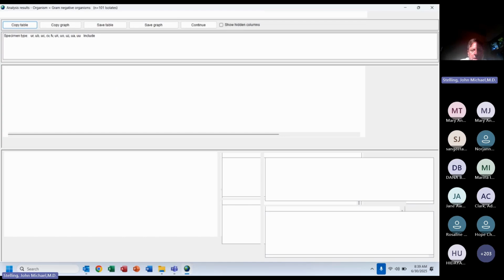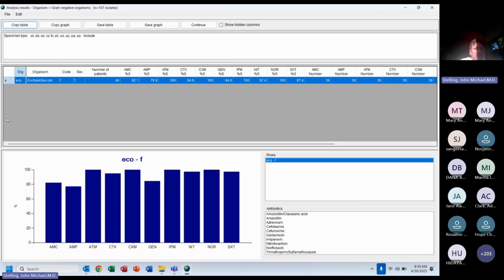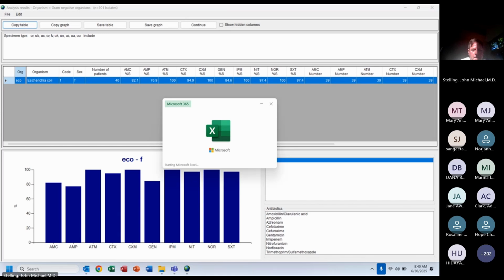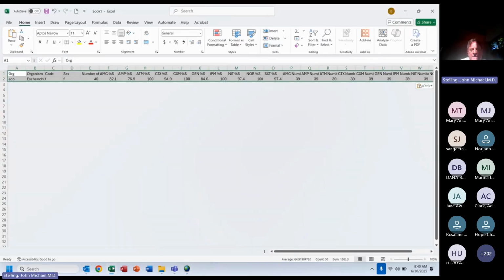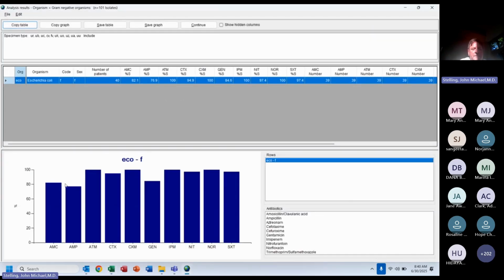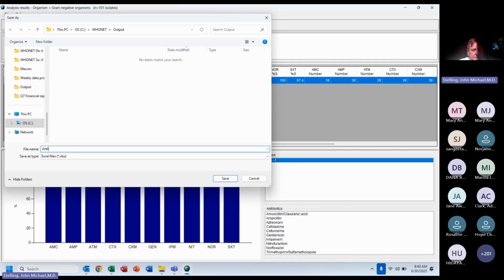Begin analysis. It was a tiny feature I forgot to mention. I'm going to click copy table. If I click on copy table and then I go to Excel, whoops, where's Excel? There. Okay, so everything is now in Excel, and you can change it however you want. Or I can save table, and let me call this my gram-negative antibiogram.